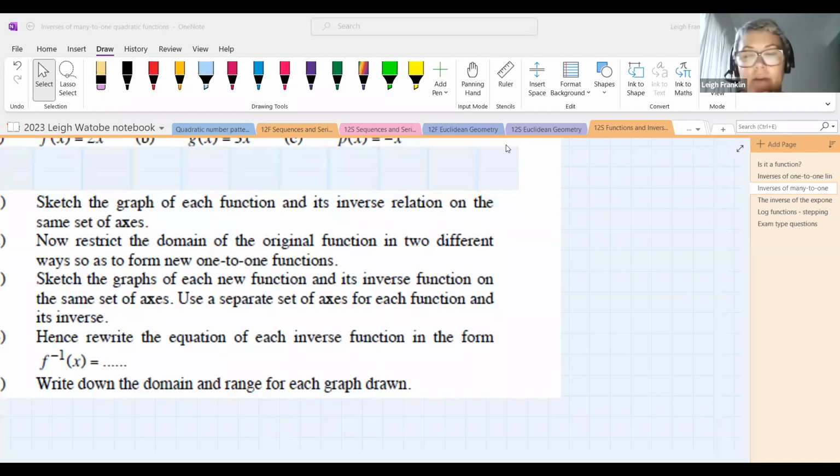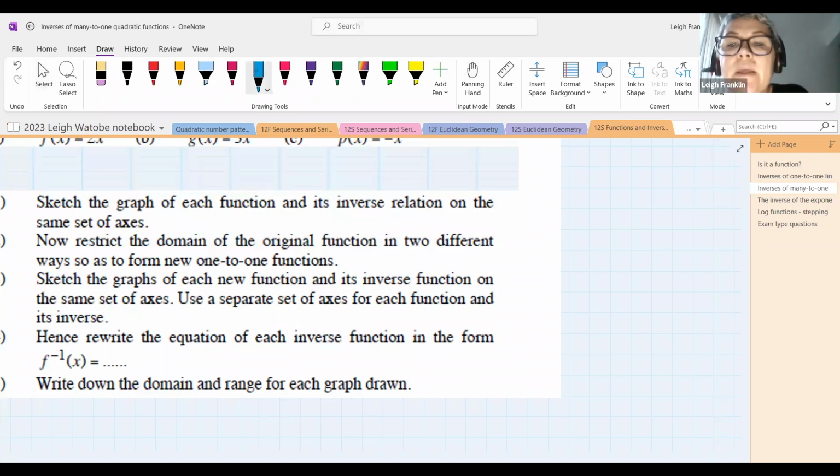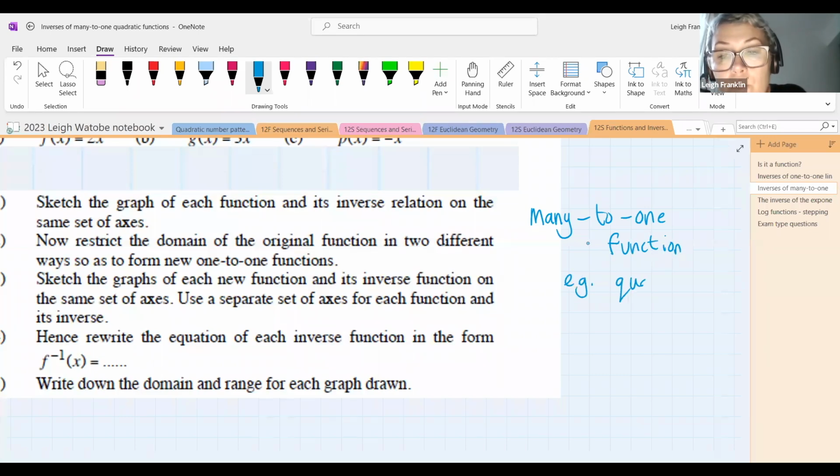Okay, so Pinga, very good question, right? When you are talking about a function, Pinga, a function can be a many to one function. For example, your quadratic function or your parabola, or your cubic function, which you're going to study later this year.